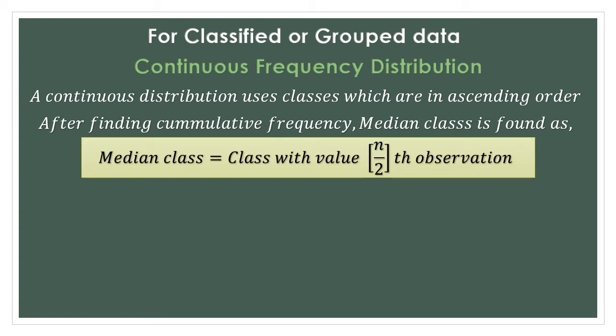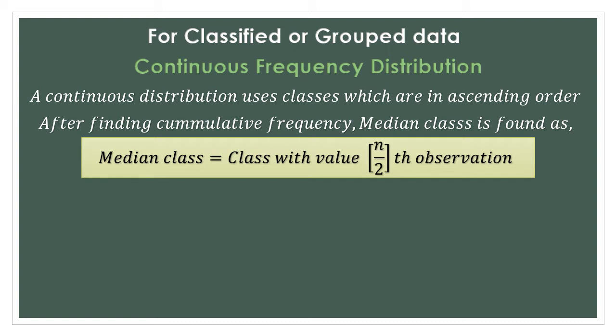So in the continuous frequency distribution, we don't take n plus 1. In the raw data and in the discrete frequency distribution, we took (n plus 1) divided by 2. But in the continuous frequency distribution, we directly take n upon 2. So don't mistake it. We have to take n upon 2 in the continuous frequency distribution.